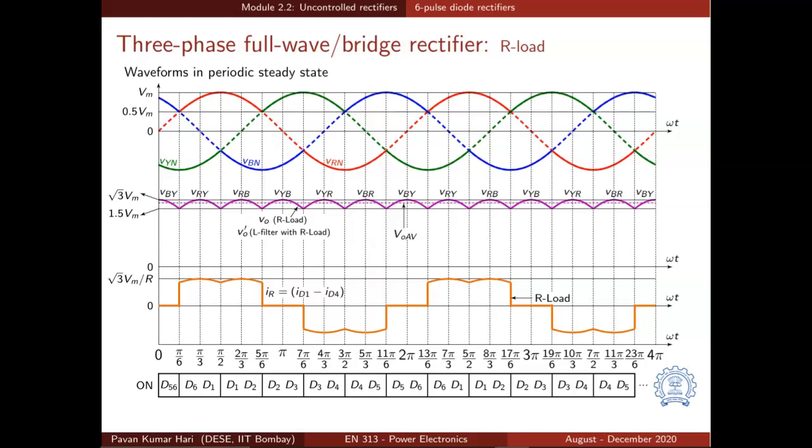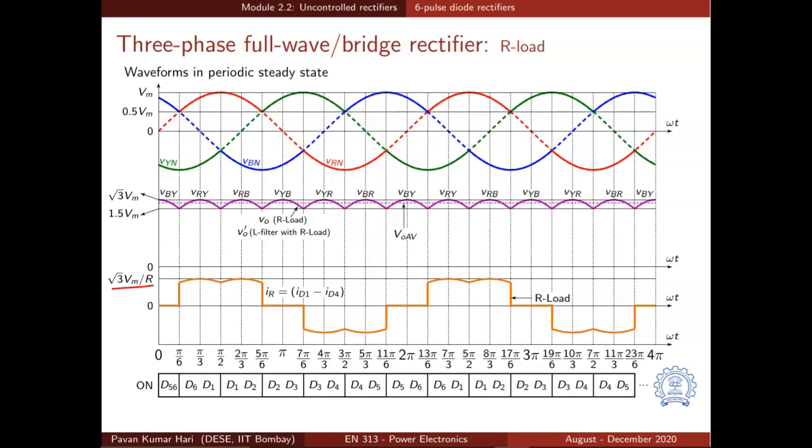So we have positive and negative excursions in the source current waveform, that is the waveform of current IR, the current drawn from the R phase voltage source. Similar currents will be drawn from Y phase and B phase also, and the currents will also be shifted by 120 degrees. That can be observed. And what is the peak value of the source current?